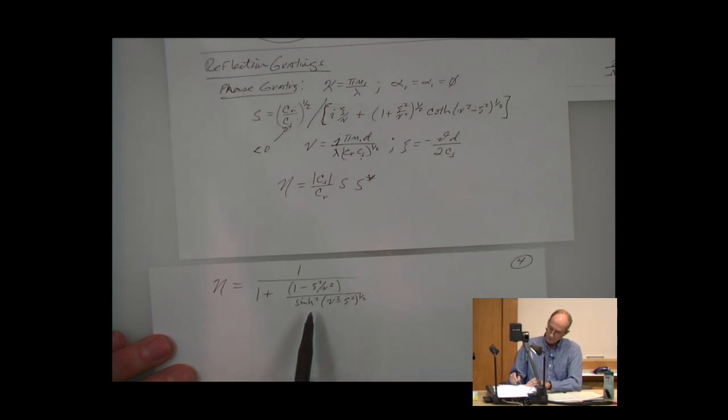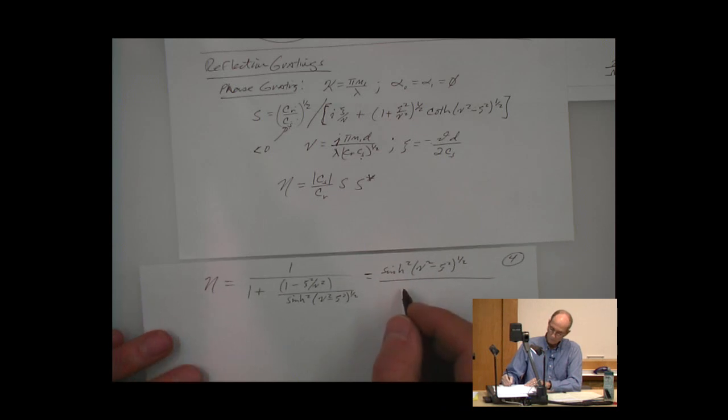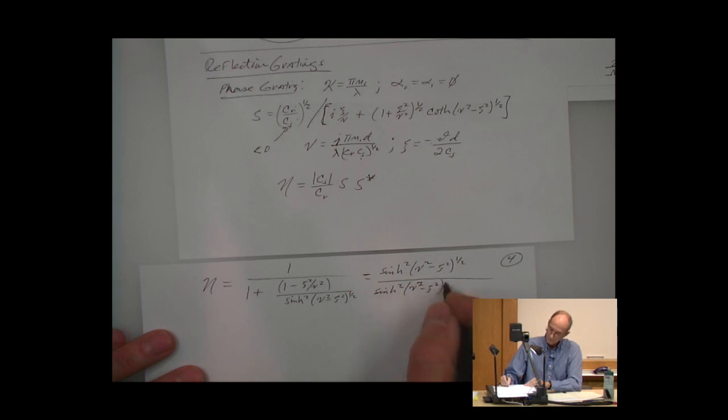And now if we multiply sinh squared times top and bottom, we end up with the hyperbolic sinh squared of (nu squared minus psi squared) to the 1/2 over sinh squared of (nu squared minus psi squared) to the 1/2 plus (1 minus psi squared over nu squared).